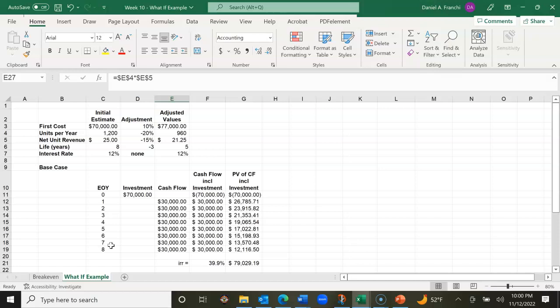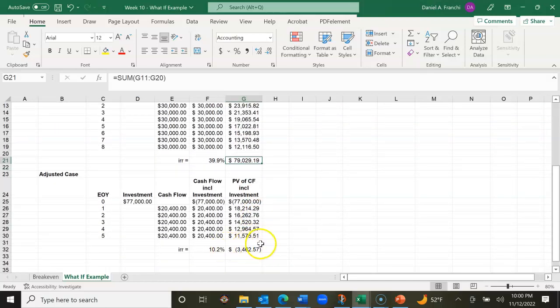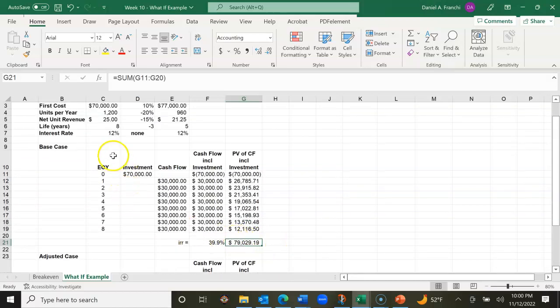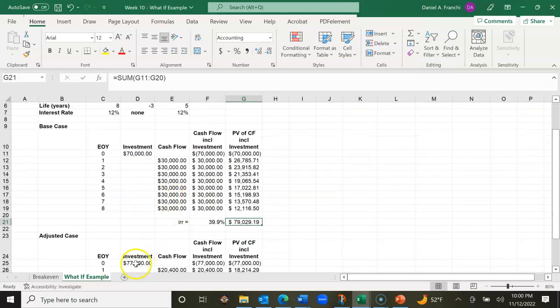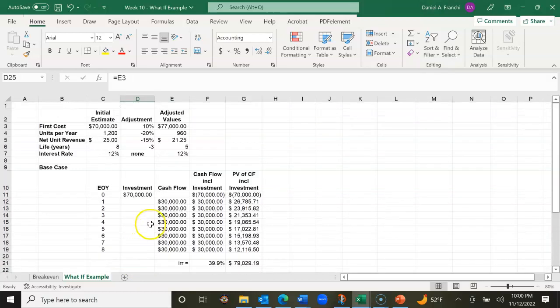But again, one of the things that you might want to look at is where our performance variable is the present value, and in this particular example, I had the present value changing if we implemented an increase in our investment of 10%, and then our cash flow dropping by approximately 20%.